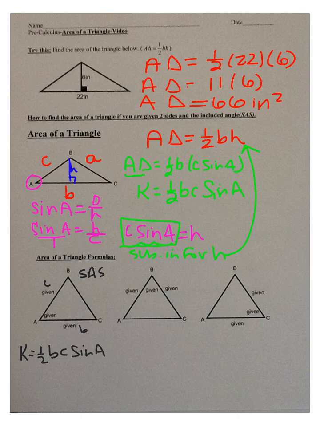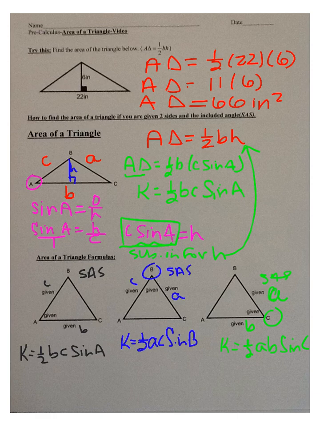So we have given side a, given side c, and angle B. So that's side, angle, side. So that's K equals 1/2 ac sine of angle B. And the last triangle, given side b, given side a, and given angle C, which is also side, angle, side. It's K equals 1/2 ab sine of C.